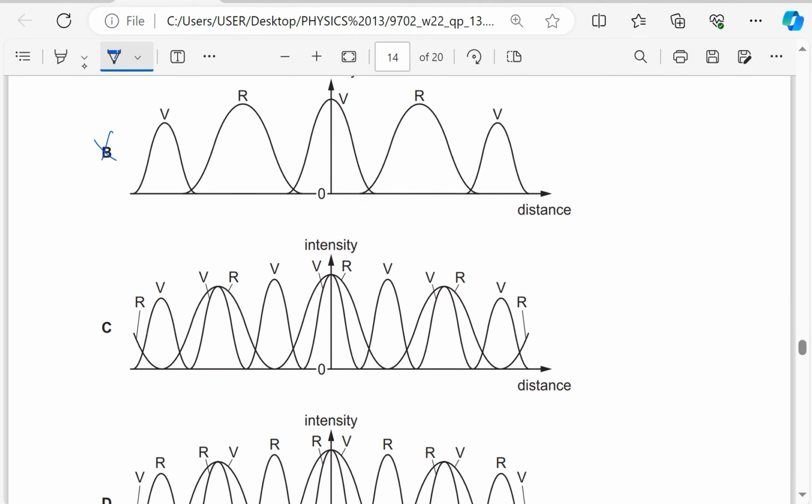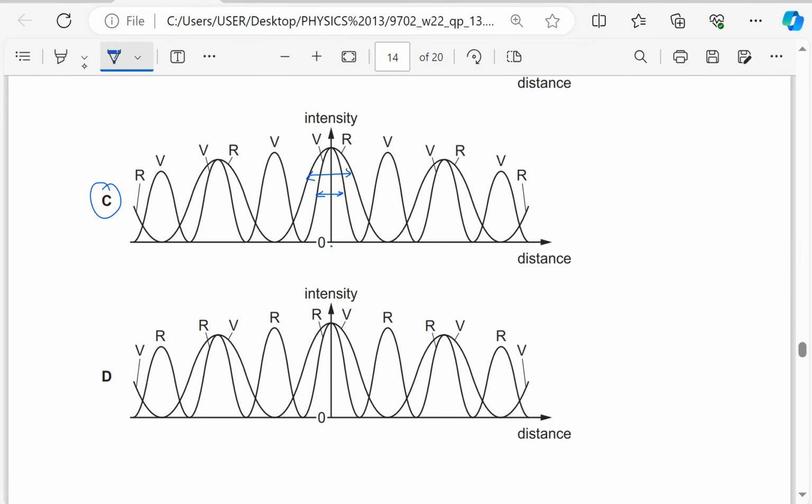C is going to be correct, I think, because we are seeing violet and red both forming an interference maximum at the center, and we are seeing that the width of red is bigger than the width of violet because the wavelength is directly proportional to the separation of the fringes. D is going to be wrong because D shows this was width for red, this was for violet, this is width for red, and this is width for violet, which is going to be wrong.